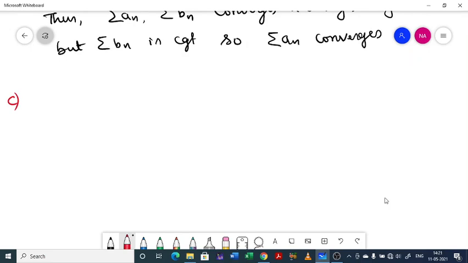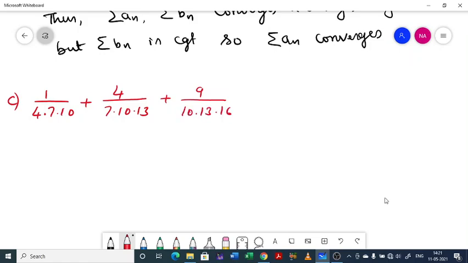So here the problem C is 1 by 4 into 7 into 10 plus 4 by 7 into 10 into 13 plus 9 by 10 into 13 into 16 plus 16 by 13 into 16 into 19 plus and so on.